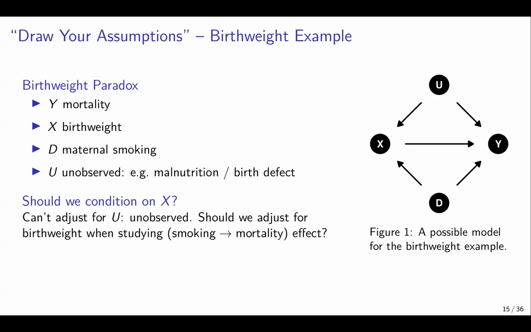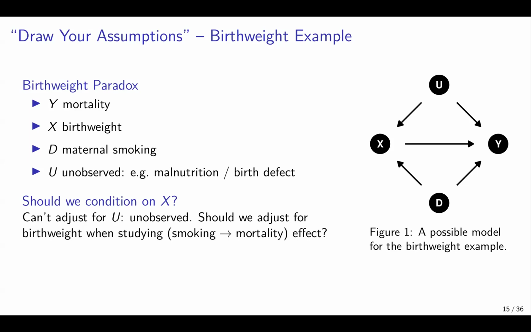Those unobserved things might cause X, but also cause Y. So like malnutrition could cause birth weight to be lower, and malnutrition could perhaps cause infant mortality. So U causes both X and Y.